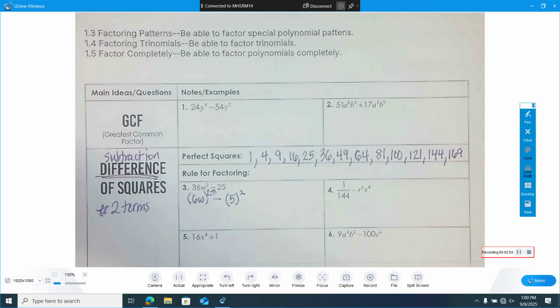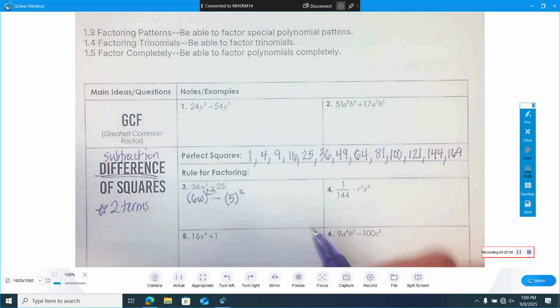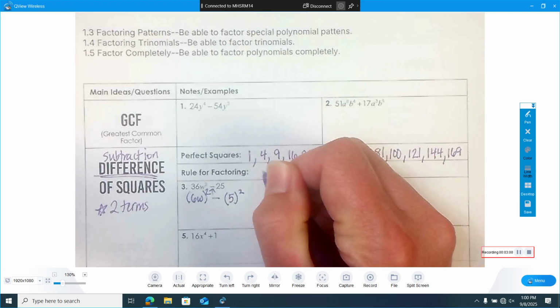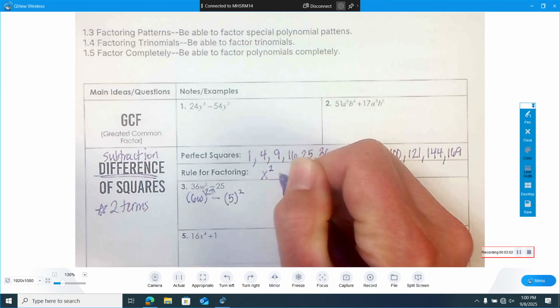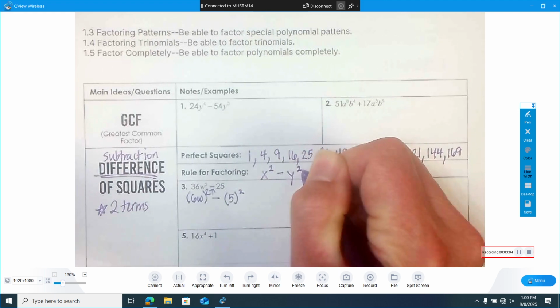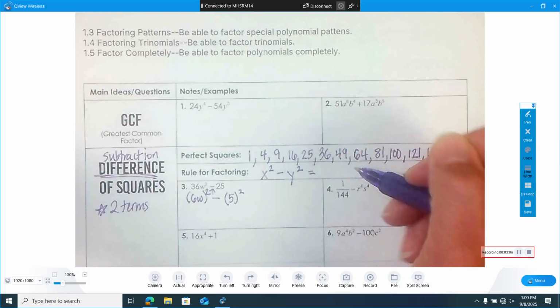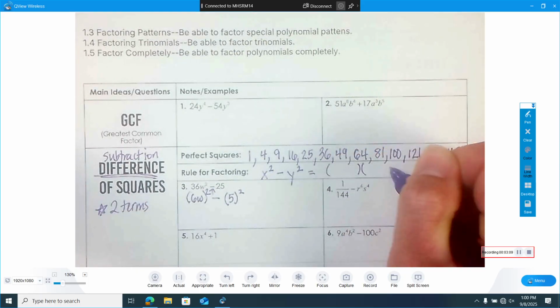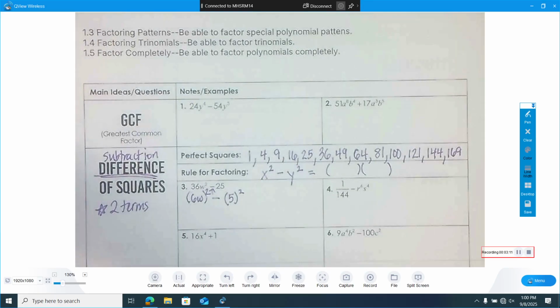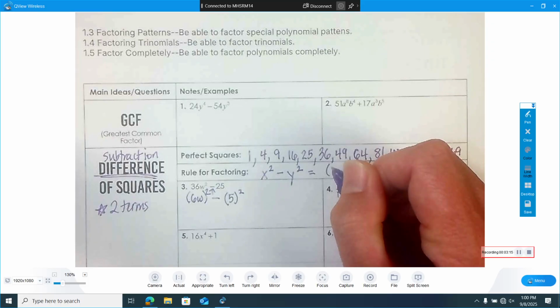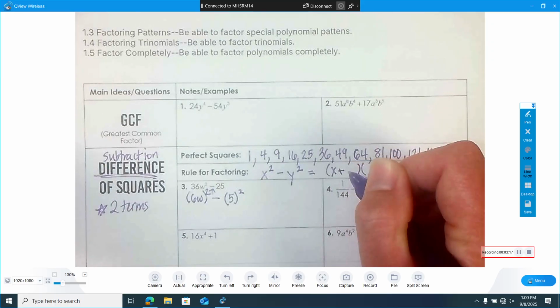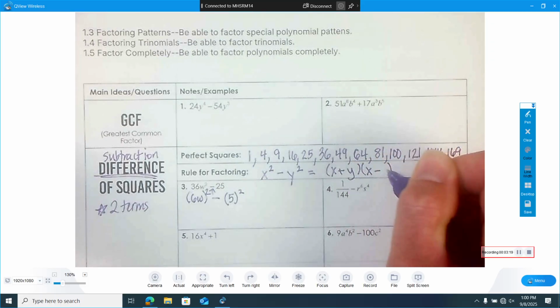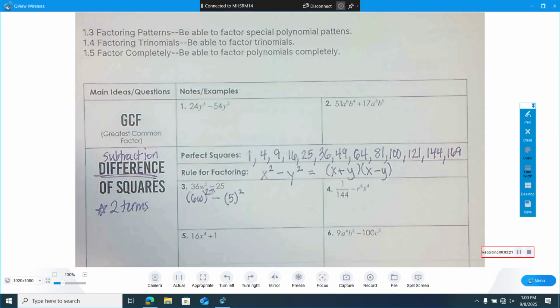So each thing is a perfect square, and we are subtracting. The rule for factoring, if you have something squared minus something else perfectly squared, it factors into two bubbles. I like to call those two little bubbles, double bubble, as x plus y, x minus y. It is the sum and difference pattern.